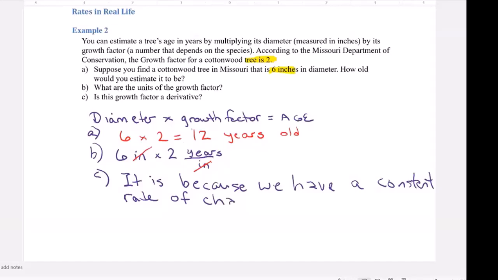The constant rate of change is my growth factor. It's not saying the first year it grows at this rate and the second year it grows at a different rate and the third year and so on. It's always growing at the same rate. That means that we have a constant rate of change, which means that we could say the slope of the line is 2, which is equal to the derivative of whatever this function is.